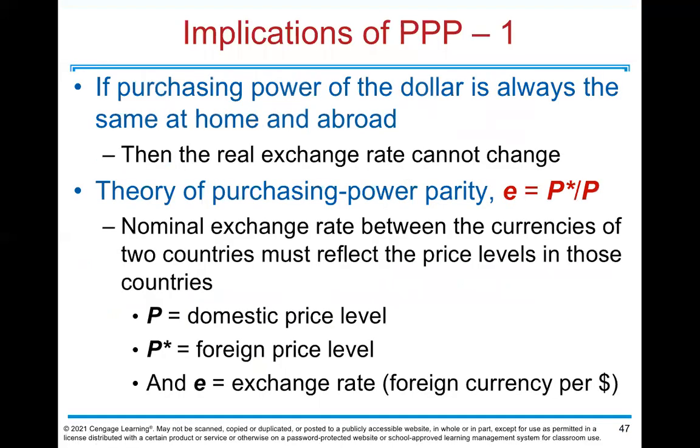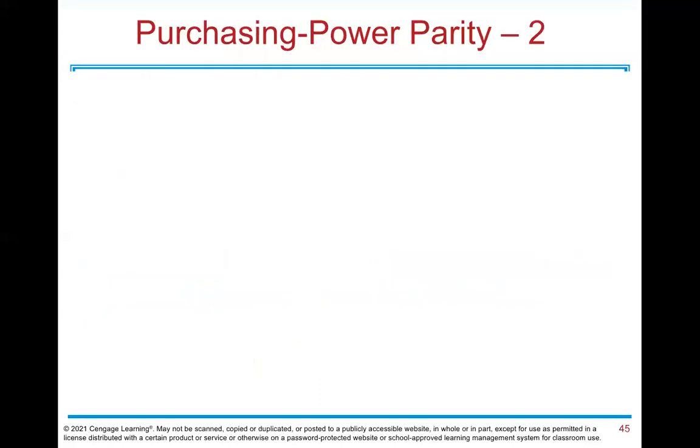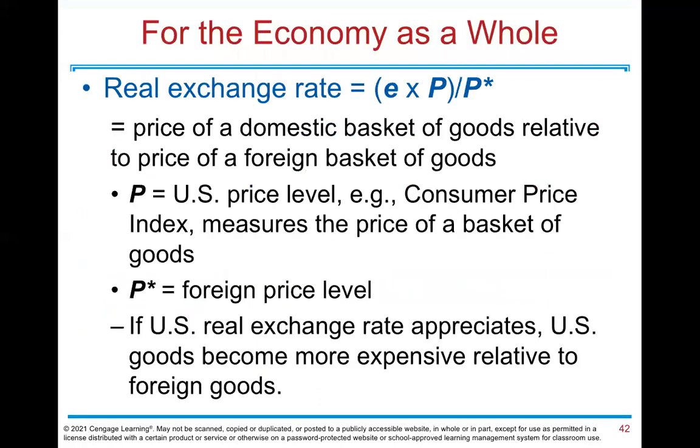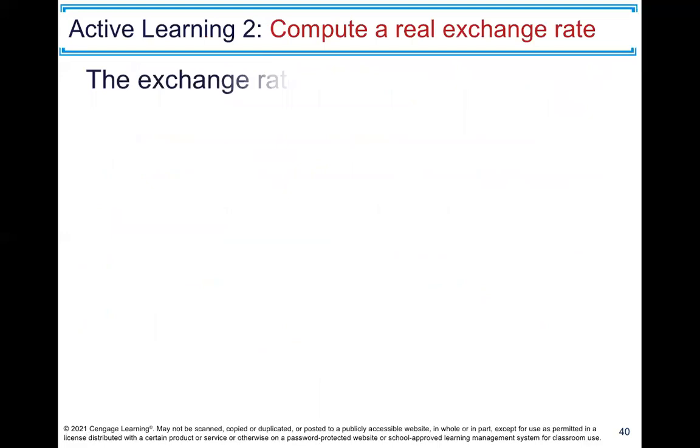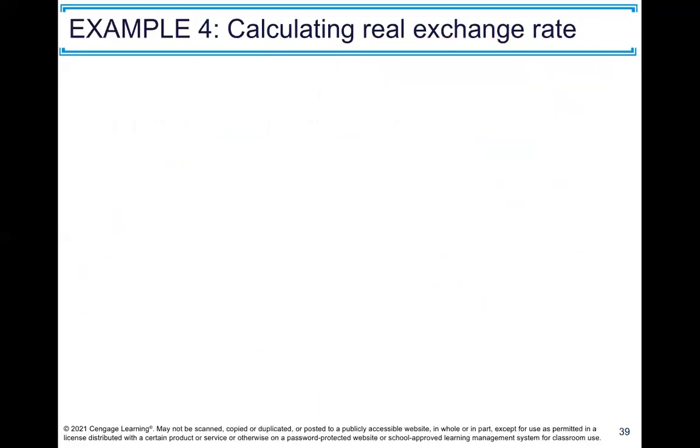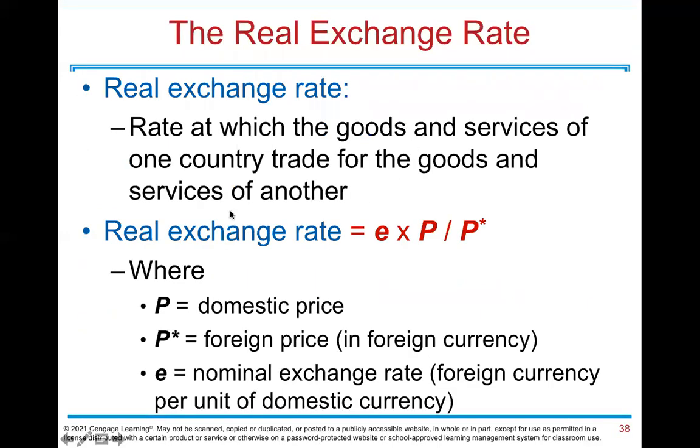Let's see if I can get the equation here. All right, if we look at this equation over here, we're saying that the real exchange rate should equal 1 because of arbitrage and the law of one price.